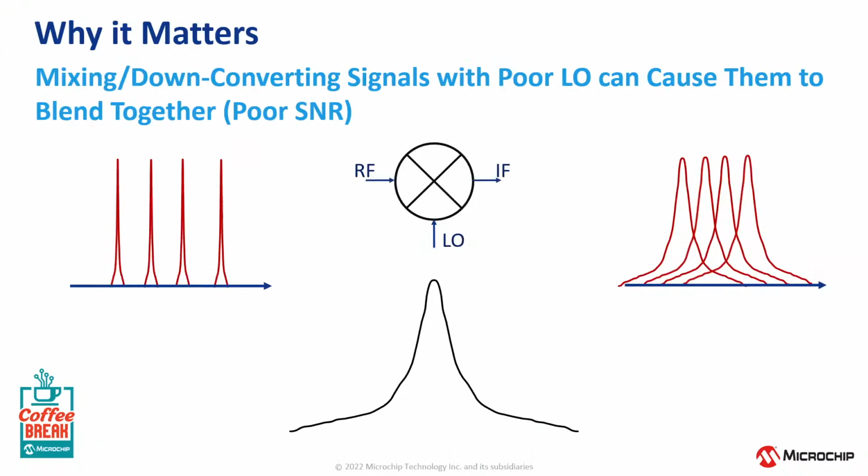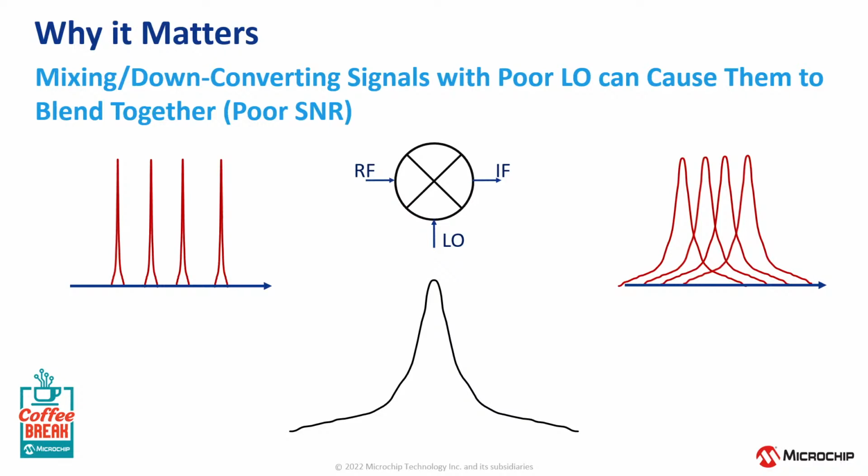So in this example, we have a bunch of tones coming into a mixer on the RF port, and on the LO port we have our local oscillator. And so the mixer is doing its job. It's taking the frequencies from a higher frequency and down converting them to a lower frequency, so they get a bit closer together. And they also take on some of the characteristics of the LO, which is not always good.